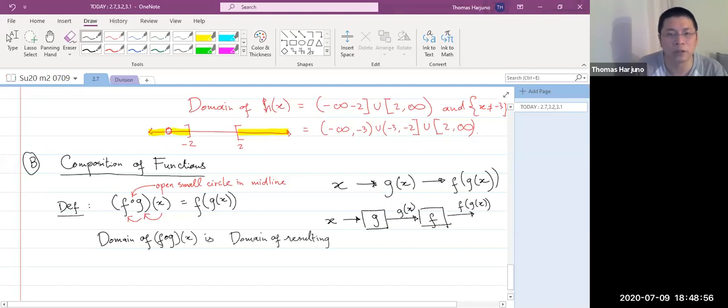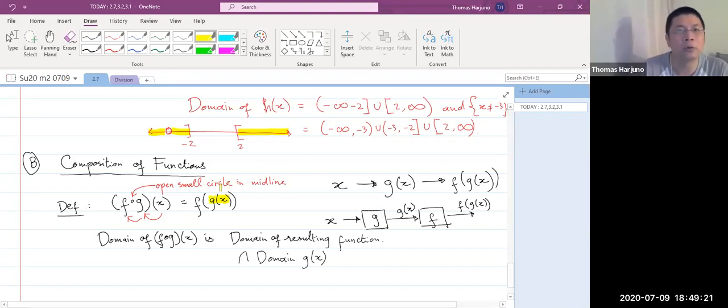Basically, composition of two functions gives you a new function. Now, what is the domain of that new function? Whatever that is, intersect with the domain of g of x. Basically, for this composition to have a real outcome, you need x in the domain of g first.